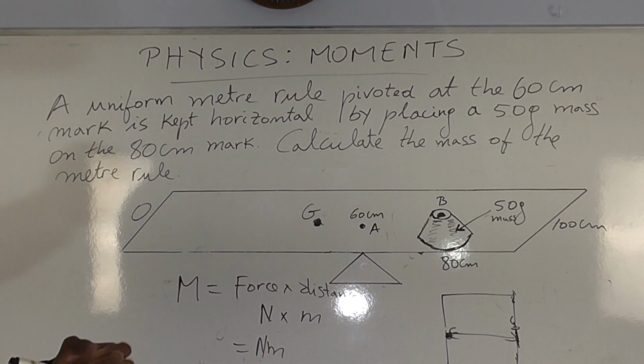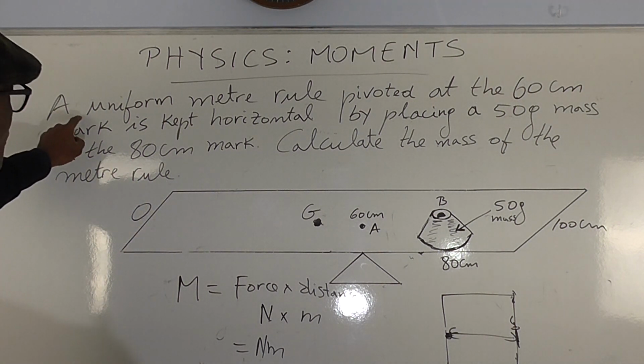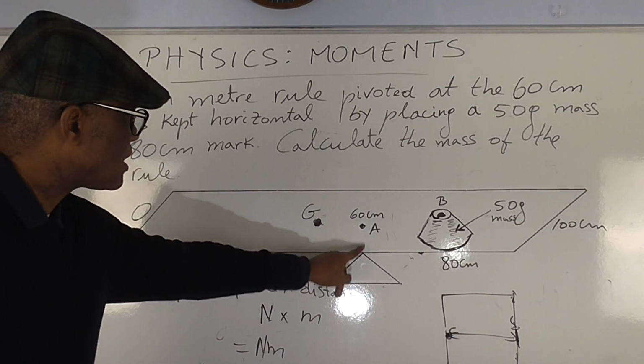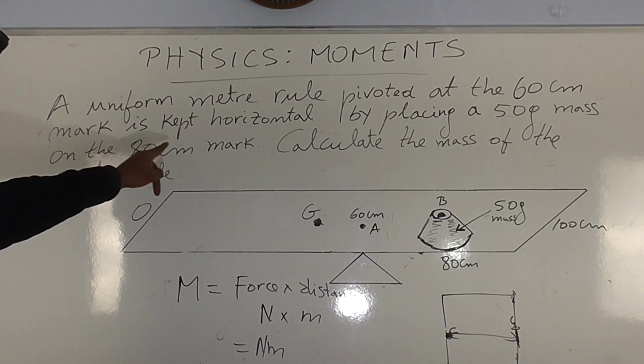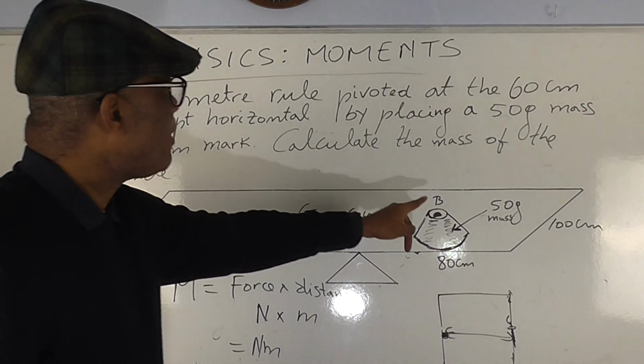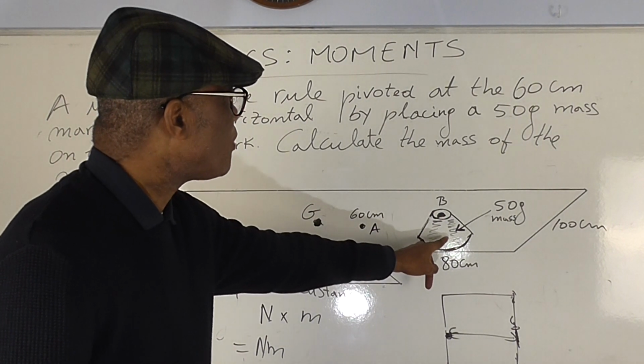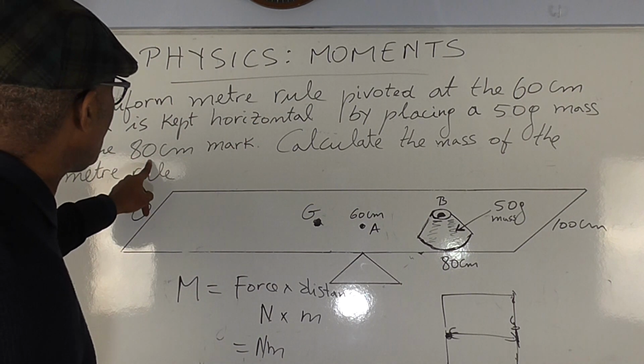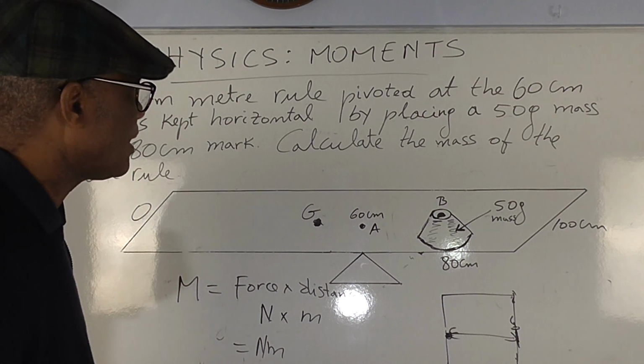Now that we know the conditions of equilibrium, we have the question on the board: a uniform meter rule pivoted at the 60 centimeter mark is kept horizontal by placing a 50 gram mass on the 80 centimeter mark.